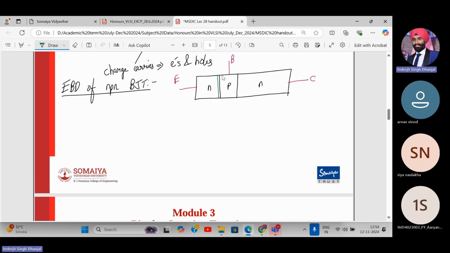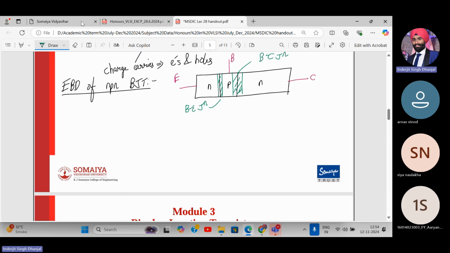Let me highlight the depletion regions over here. The base-emitter depletion region, so this is the base-emitter junction and this is the base-collector junction.